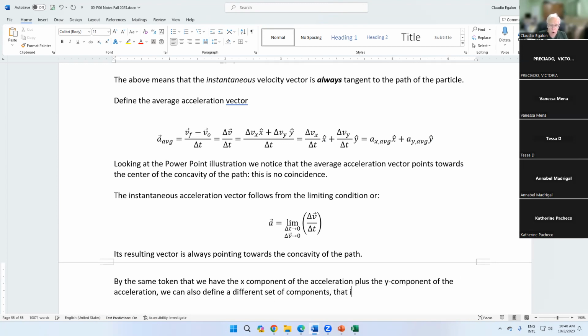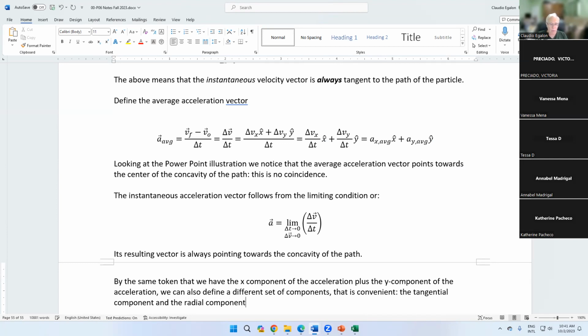Sometimes it's more convenient. The tangential component and the radial component.